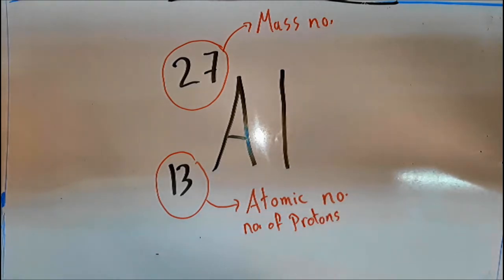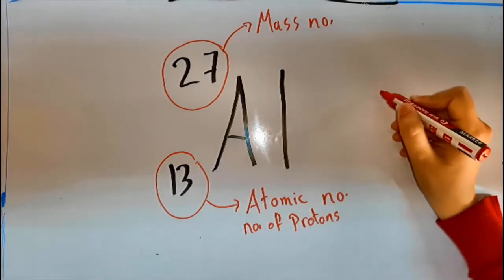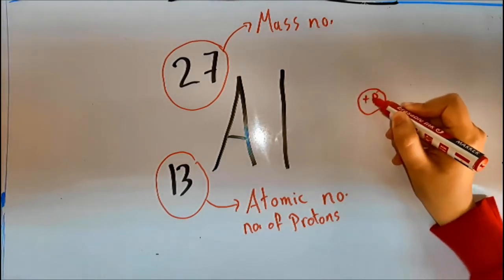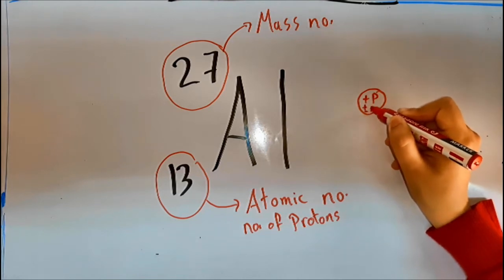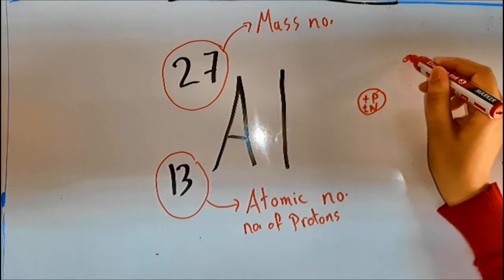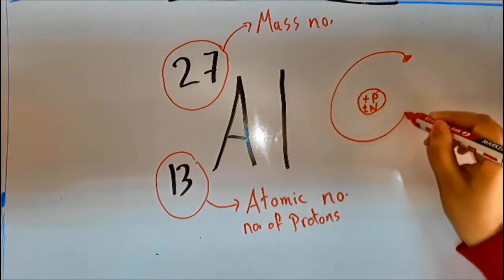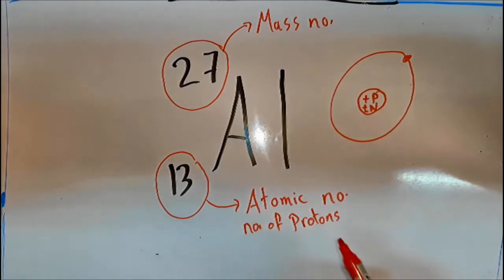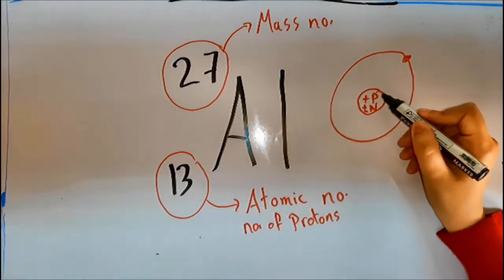Do you remember the structure of the atom? As we studied, the atom consists of positive protons and neutrons, and there are negative electrons which revolve around the nucleus. The atomic number represents the number of positive protons inside the nucleus.